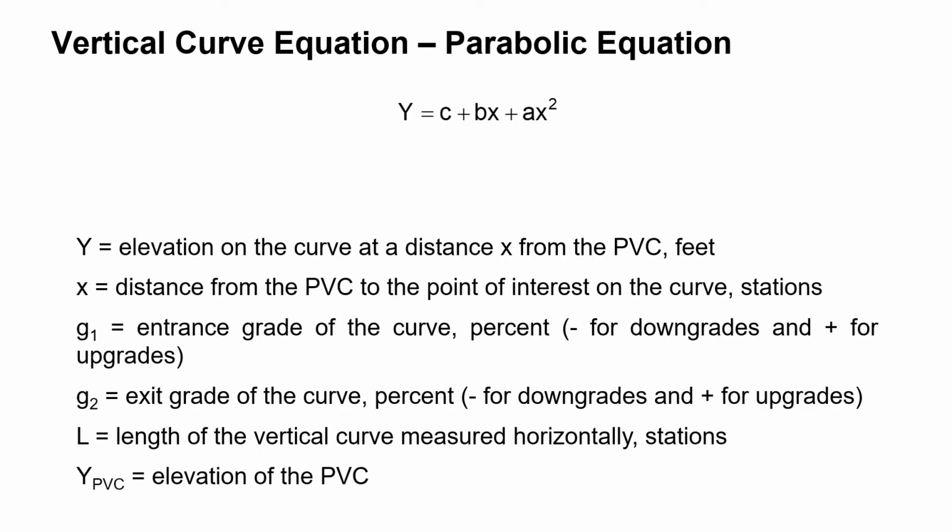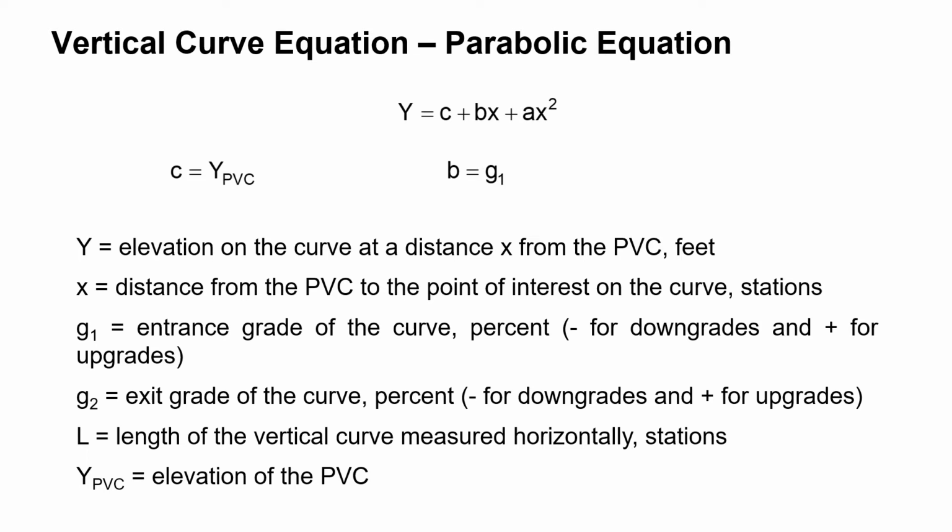The parabolic equation defines our symmetric parabolic curves when we're using vertical alignment. Y equals C plus BX plus AX squared, where the term C is the elevation of the PVC, which is Y PVC. B is just our entrance grade, G1.